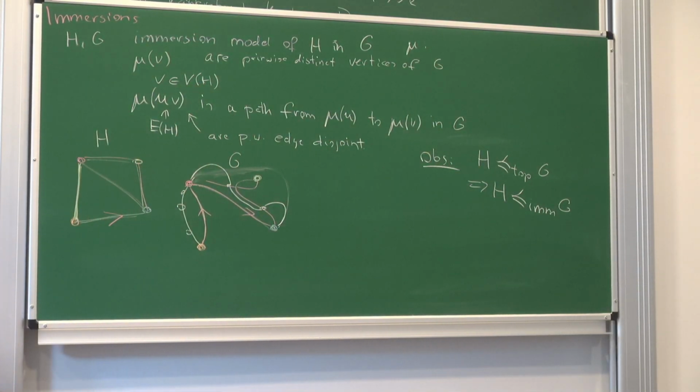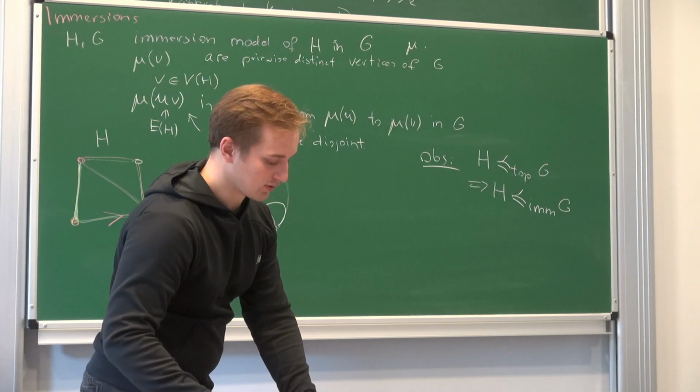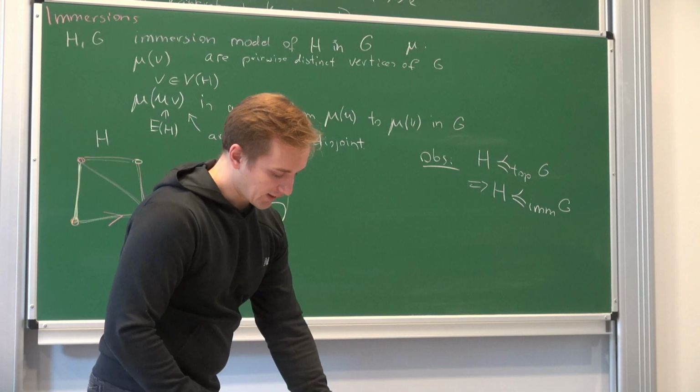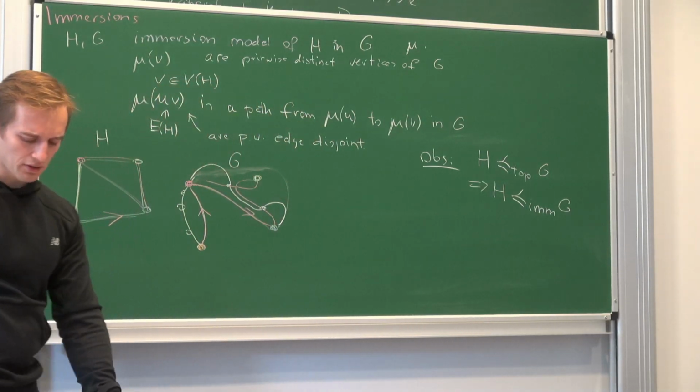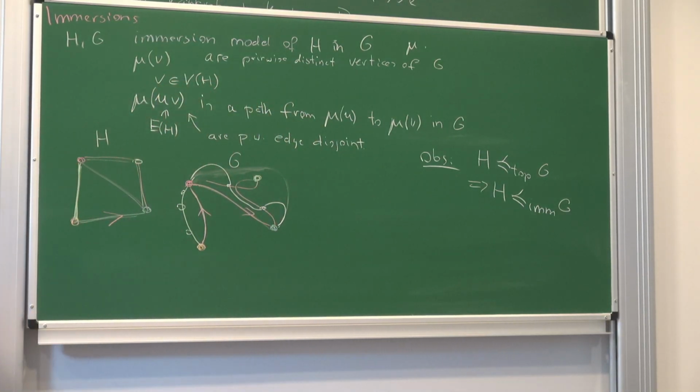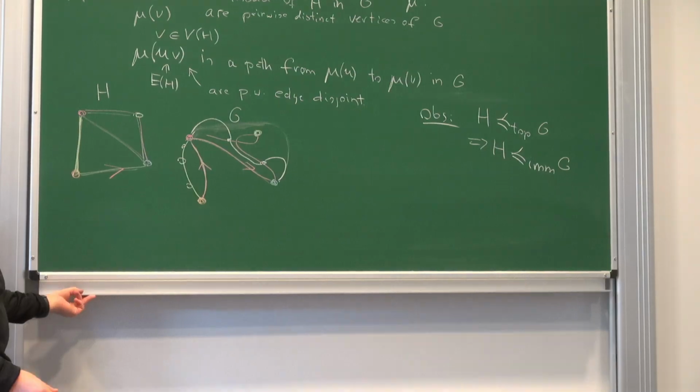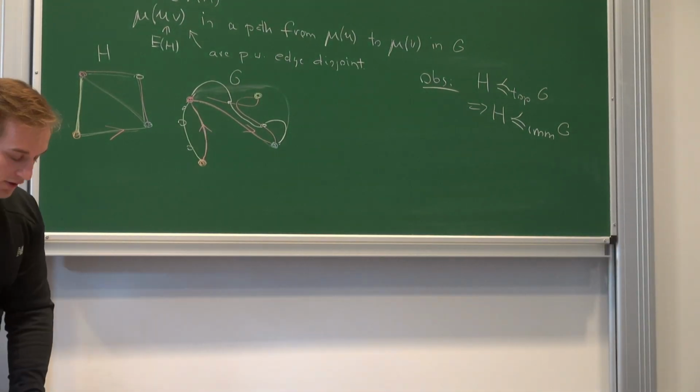Because if I have a family of pairwise internally vertex-disjoint paths, then they are in particular edge-disjoint. This is nothing too complicated, but this is a substantially different notion than a topological minor. So let me give you an example.